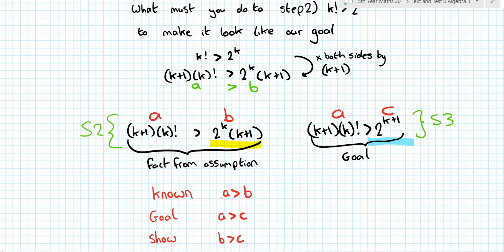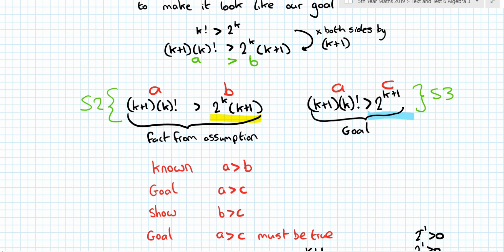I know A is greater than B. I want to show A is greater than C. If I can show that B is greater than C, then A must also be greater than C.